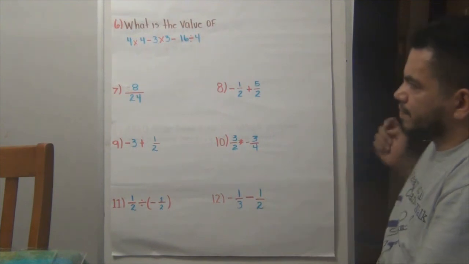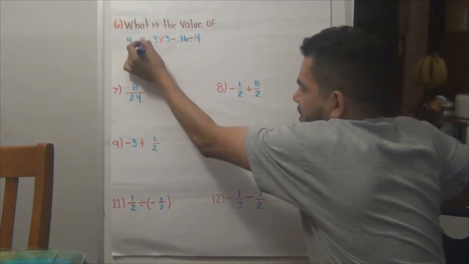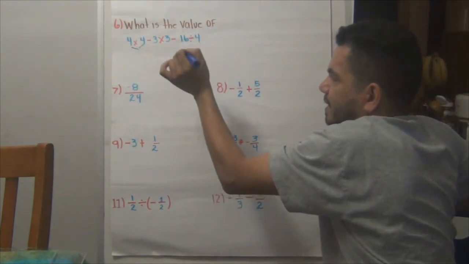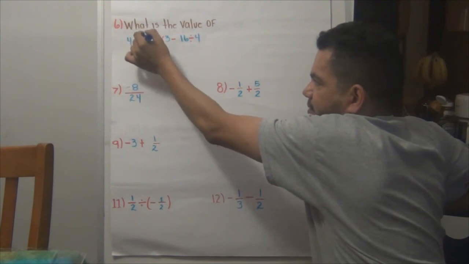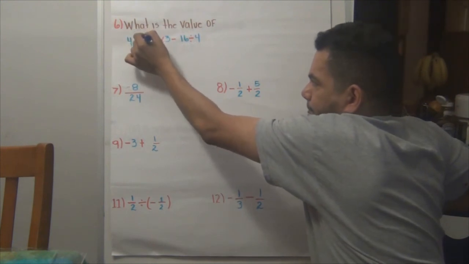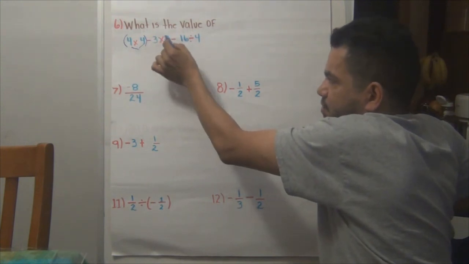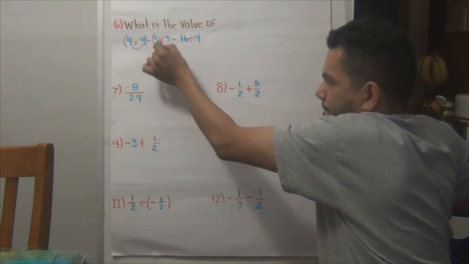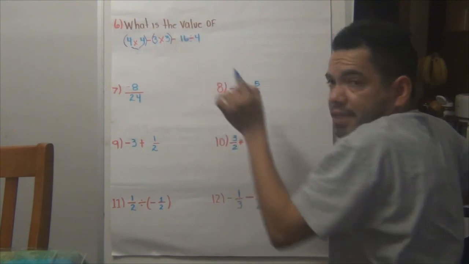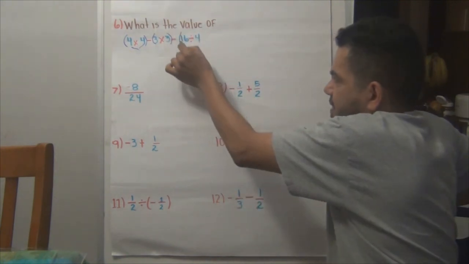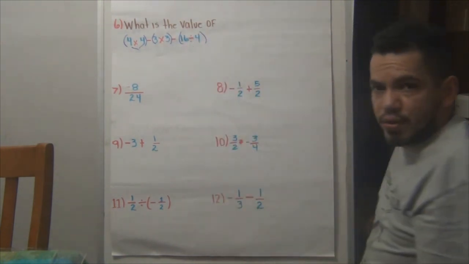So let's see how it goes. There is a multiplication here, it's like having parentheses. Then minus 3 times 3. Minus 16 divided by 4. That's how you do it.